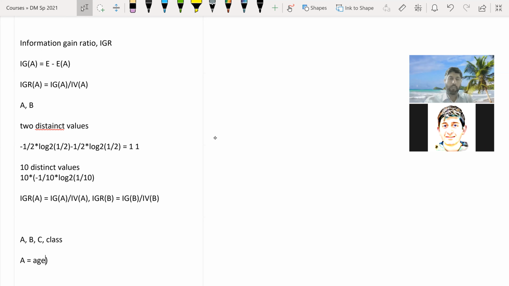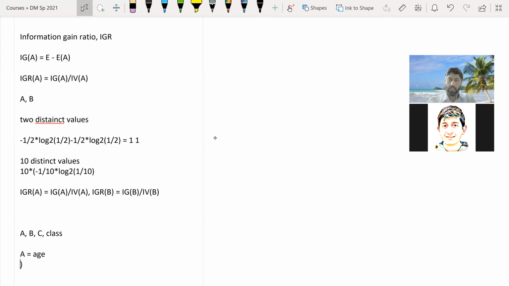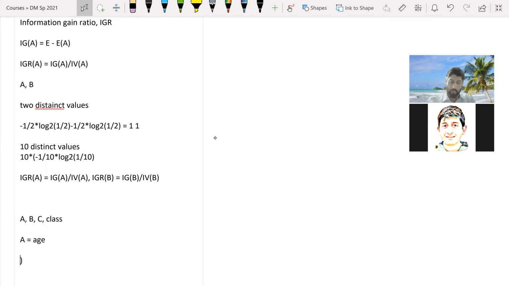One way, of course, is that you can always discretize the attribute a priori, during preprocessing, and make sure all the attributes become discrete, and then apply the techniques that we had discussed earlier. But you can also directly use continuous attributes in the splitting decision. So let me explain how that works.